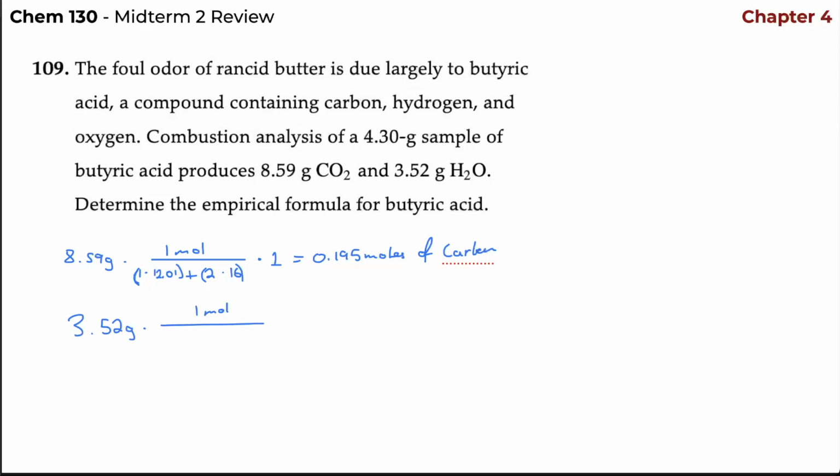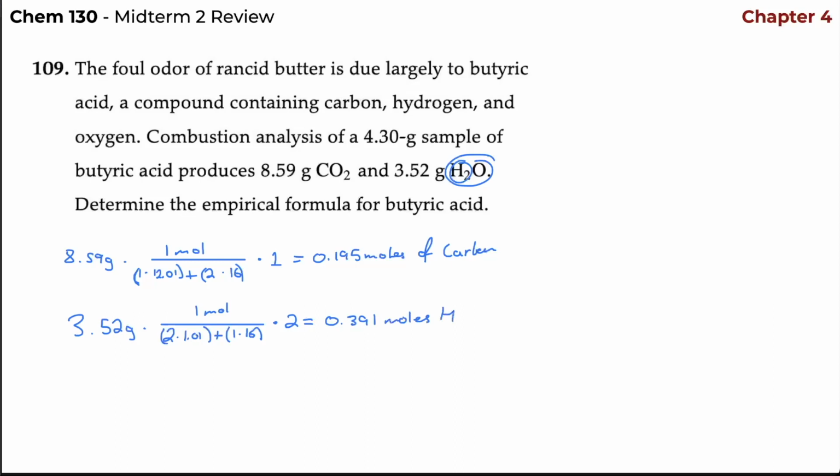There's going to be 2 hydrogen atoms and 1 oxygen atom, 1 times 16. And then we're going to multiply this. Remember, for each of these molecules, there's 2 hydrogen, so we multiply by 2, and that gives us 0.391 moles of hydrogen.